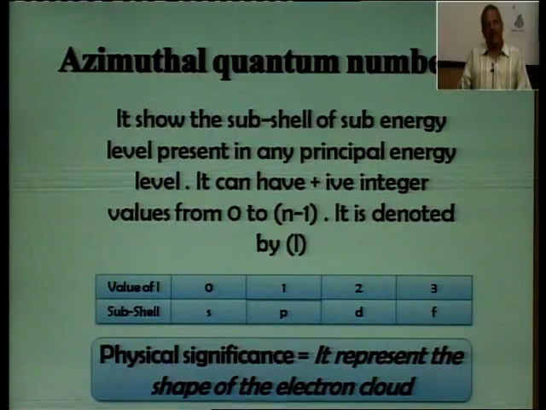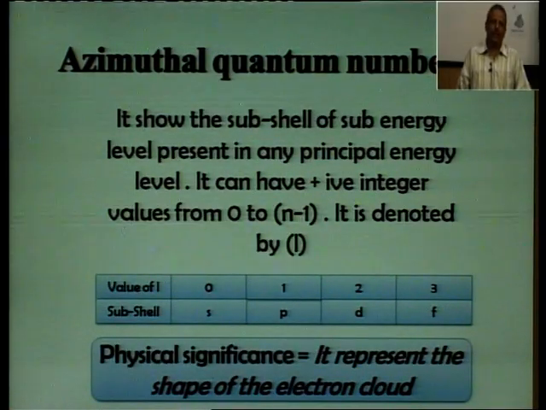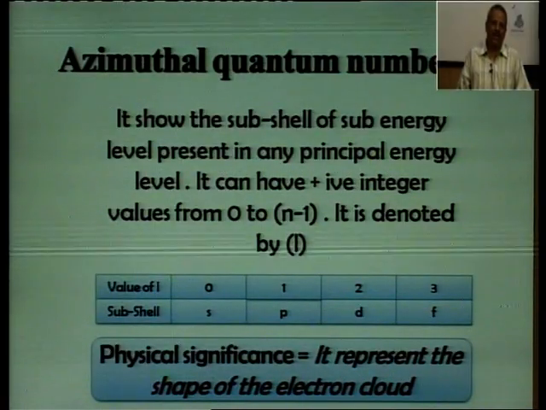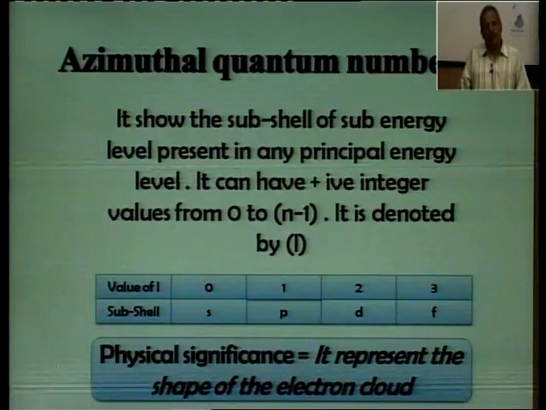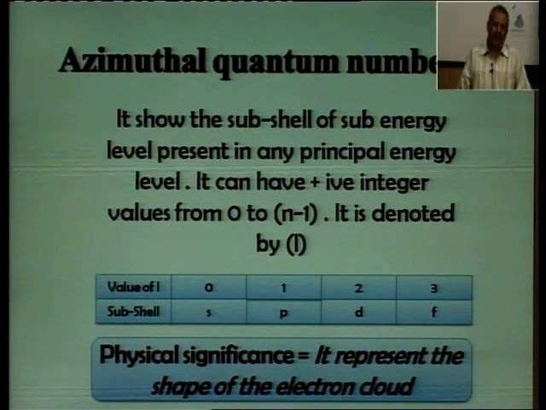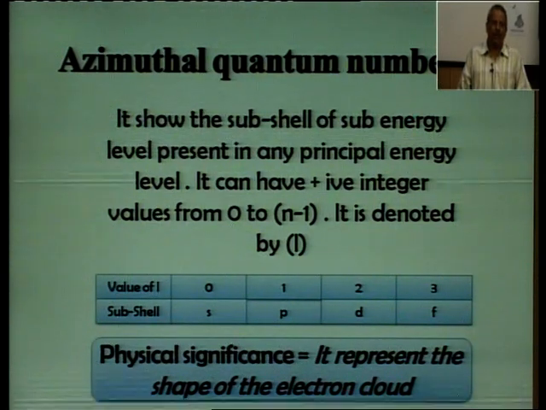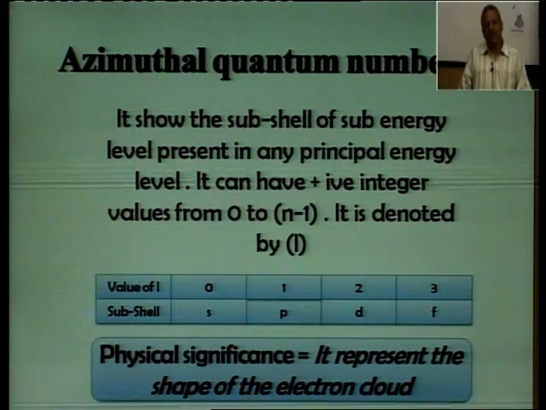Second is the azimuthal quantum number. It shows the subshell or sub energy level present in any principal energy level. So, it is telling us further sub-leveling in an atom. It can have positive integer values from 0 to n minus 1. It is denoted by l.